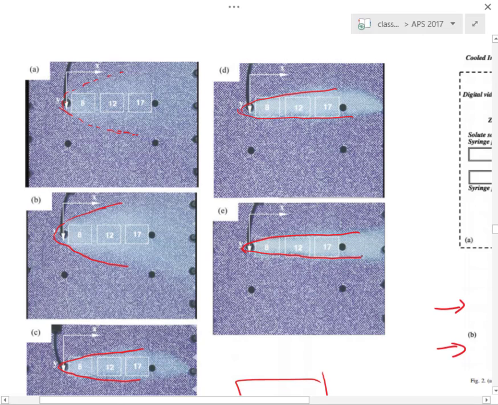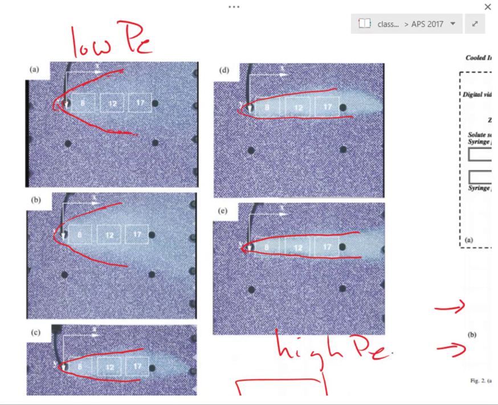So there you go. What you're seeing then is low Peclet, high Peclet. So you see the effect of the change in the Peclet number on the spreading.